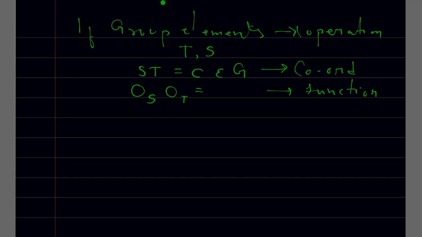So finally when you have two operators multiplied in this way, you'll get an operator OST, which will be equal to O of C. That means once you make the operators out of group elements, I'm going to prove that they also satisfy the same relation as the group elements.